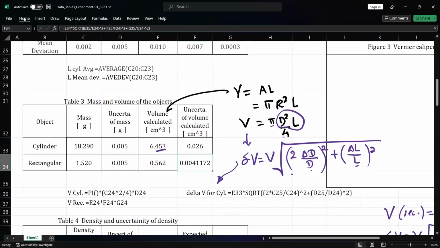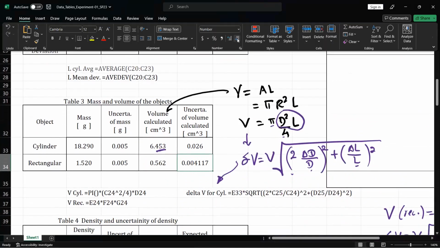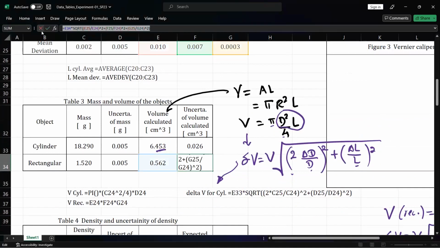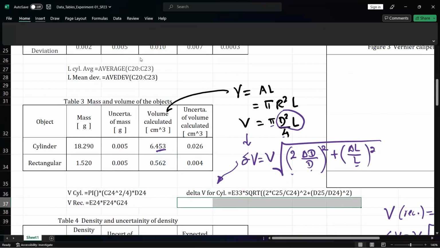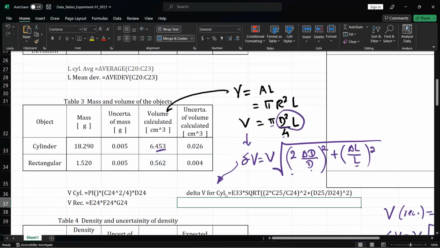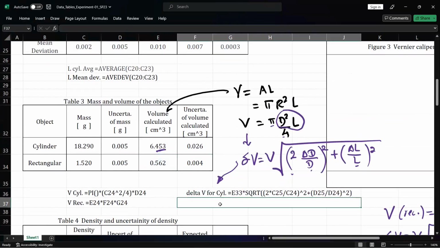Then we'll cut down the number of decimals to match only the decimals we can show, which is only 4, right? So that's the idea. That small error there means our measurements are actually very good. If our errors are bad, then we will get large numbers there. This is then delta volume for the rectangular shape object.